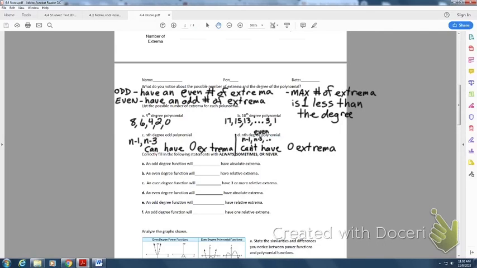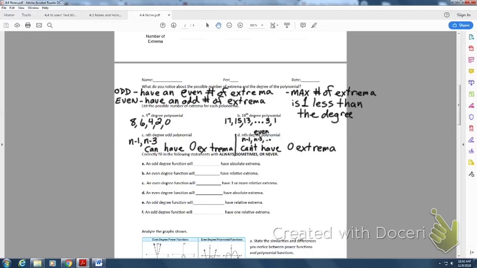Anytime it has an absolute extrema, sorry, I'm losing where I'm at. An absolute extrema, that's going to be your absolute max or absolute min. Okay, and we'll go through a few examples that we'll talk about here in a minute.